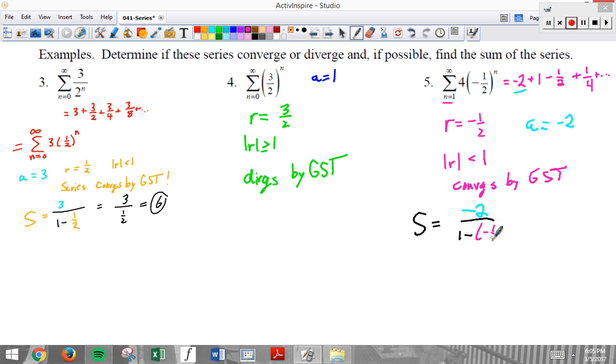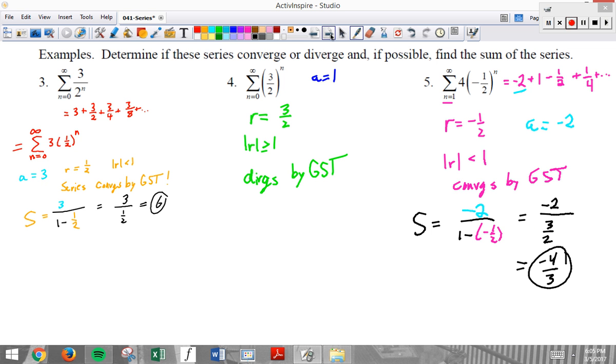Minus a minus. Wonder how many people lose points for that. And again, that's fine. But you're smart. You can simplify this. And that's where it converges to. That's a geometric series, guys.